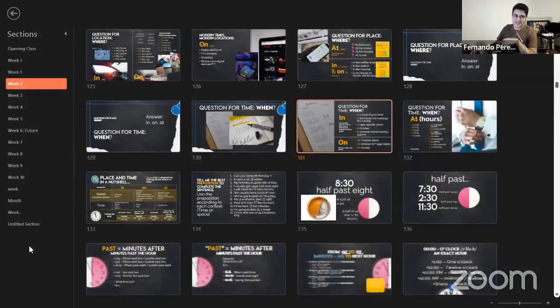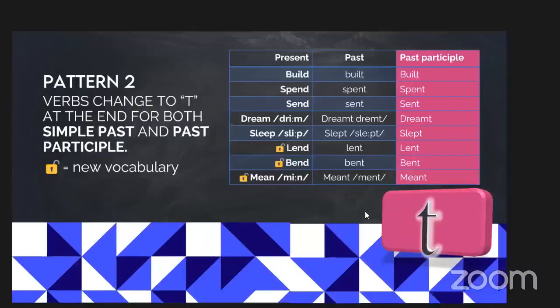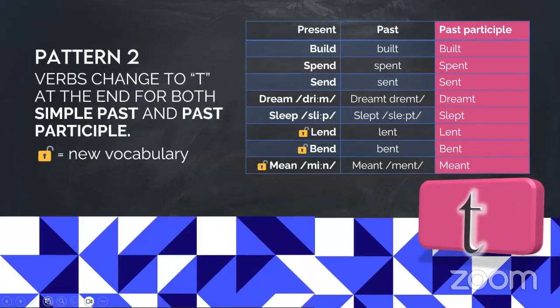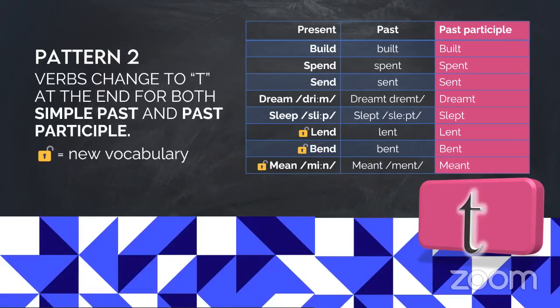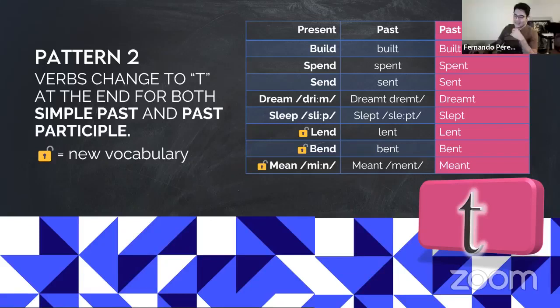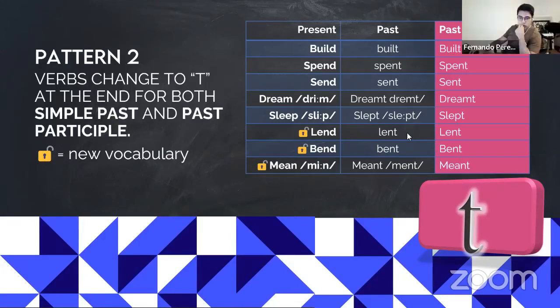Now, complete. On vacation, I built one sand castle. Exactly, man. That is correct. Very good. On vacation, you built a sand castle. That is talking in past. Perfect.